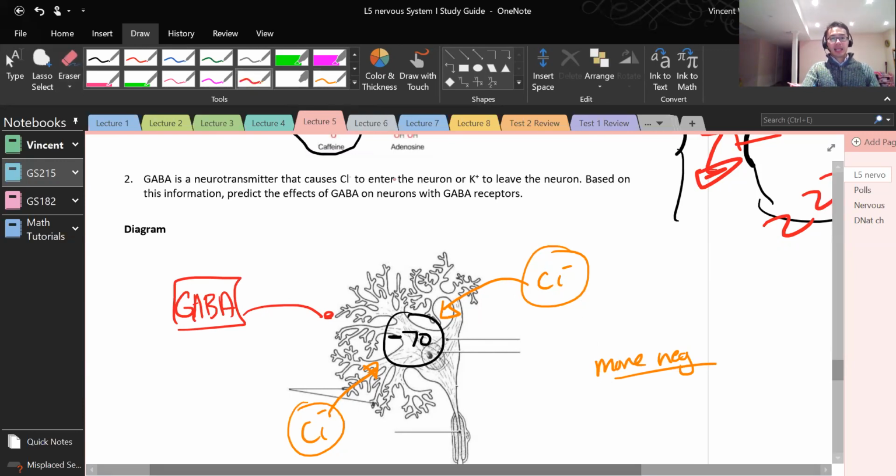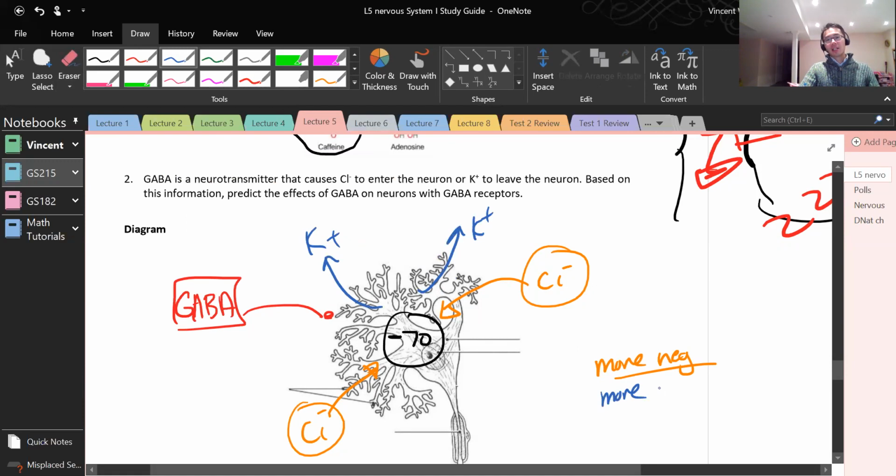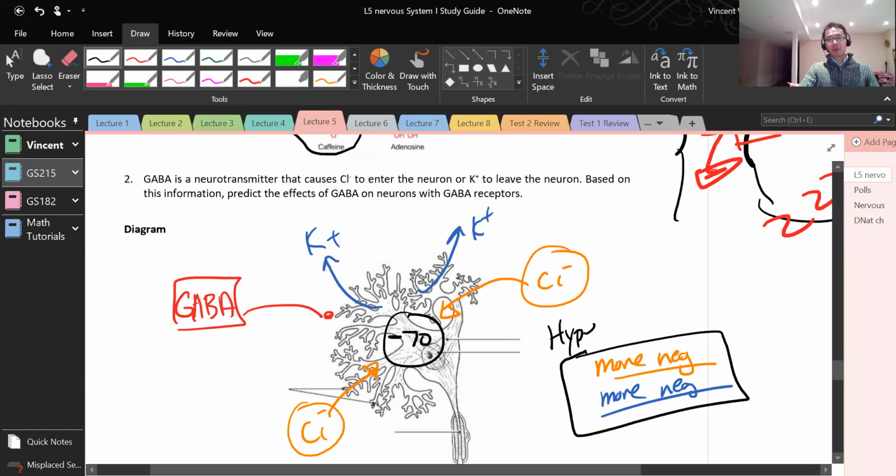Okay. And then the GABA will also make the potassium leave. Okay, if potassium leaves the cell, it will also make it more negative. So together, the effects of potassium leaving and chlorine coming in will make your cell hyperpolarized. Hyperpolarization, right?